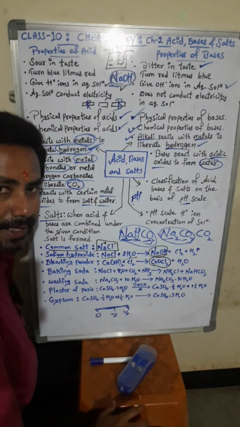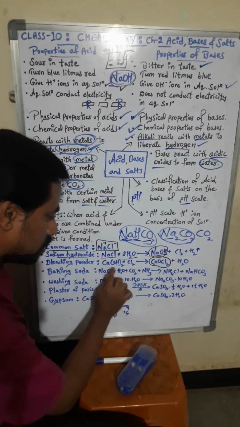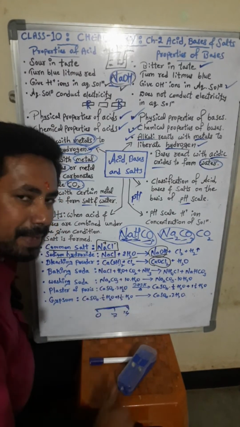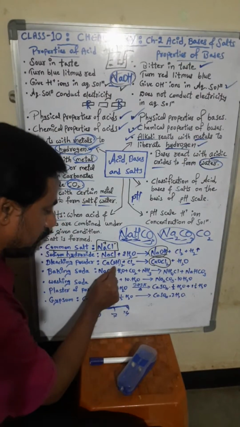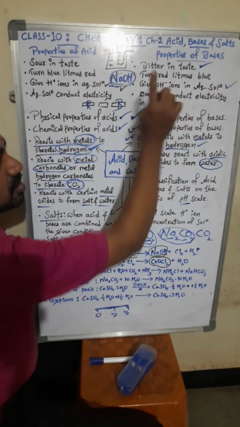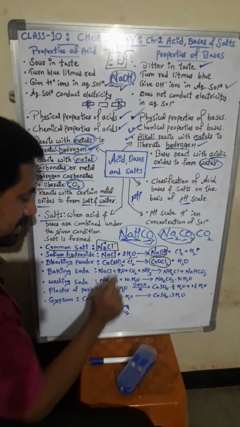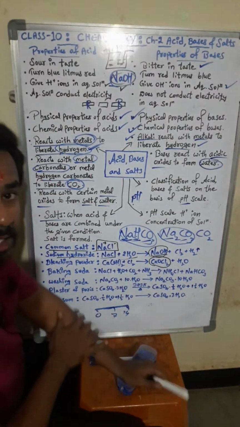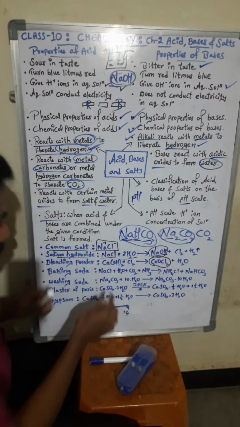Calcium hydroxide. Sir, what is calcium hydroxide? Ca(OH)2 is the formula. Sir, is it acid or base? It is a base because of OH. OH means base. How do we pronounce this?